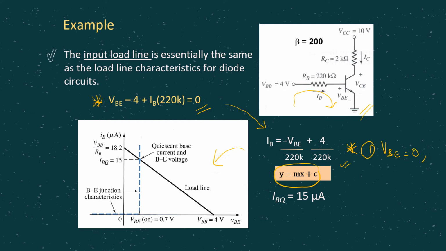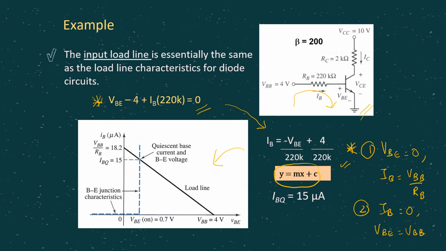If we make VBE 0, in this case IB will be equal to VBB over RB, which is 4 over RB. We can substitute accordingly. Then for the second point, we make IB equal 0. At that time, VBE is equal to VBB, which in this case is 4 volt.